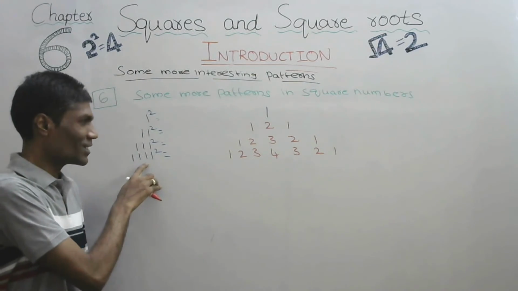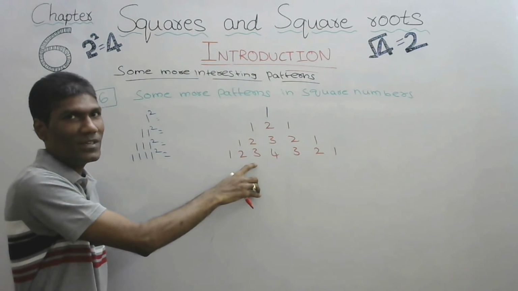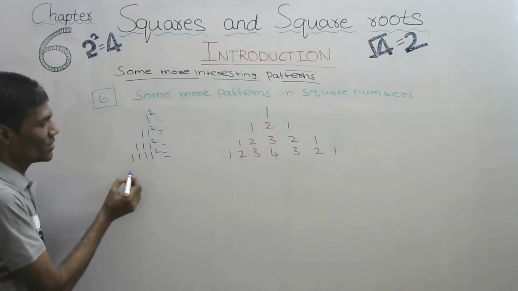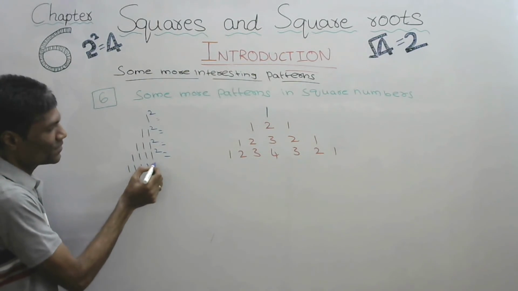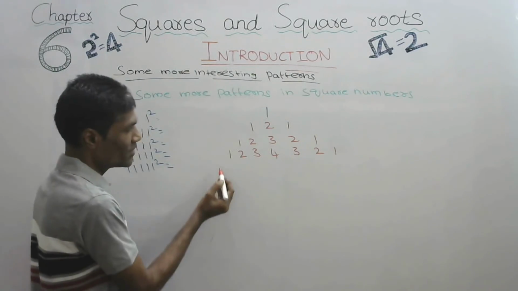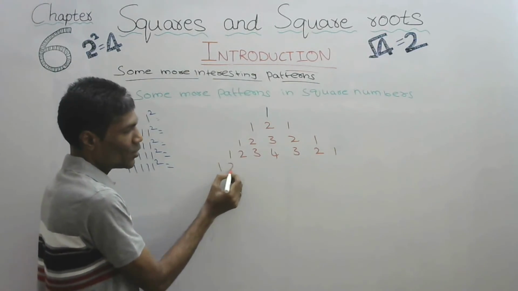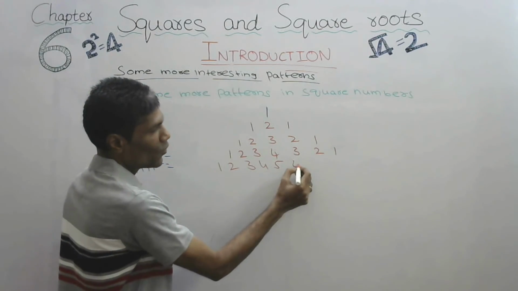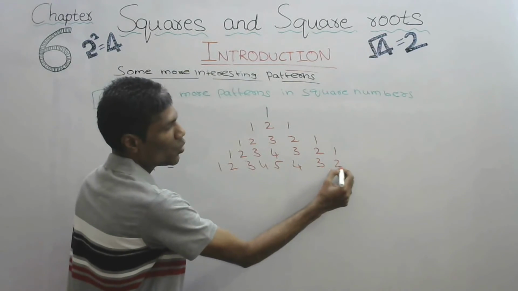Do the multiplication and see the value will be the same. And the next one, can you do? Yes. What will be the value? You know this. 1, 2, 3, 4, 5, then 4, 3, 2, 1.